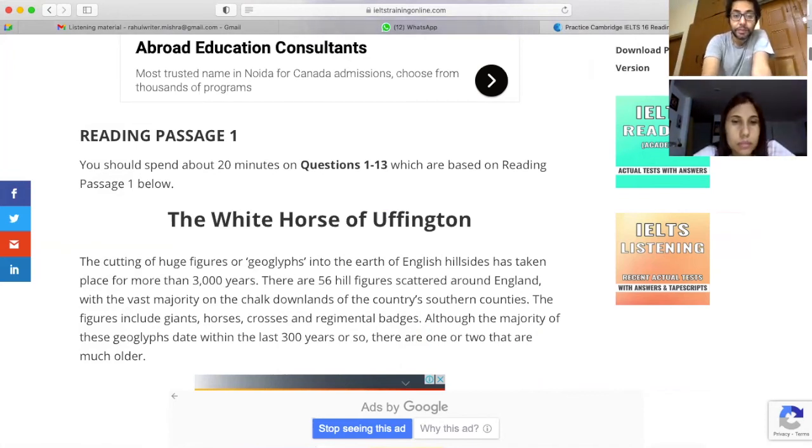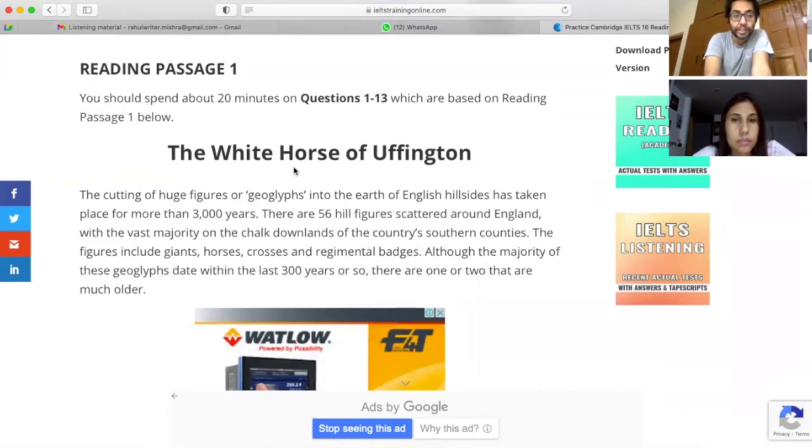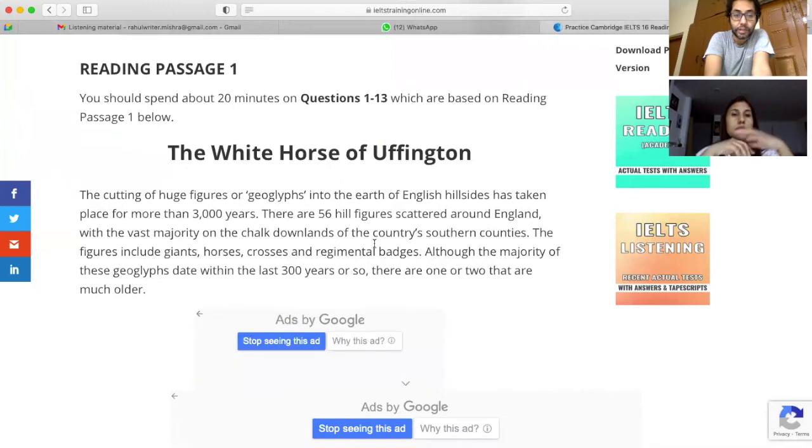You mark them into the earth of English sites, and that has been happening for more than 3,000 years. There are 56 figures scattered around, the vast majority on the chalk downs of the country's southern counties.